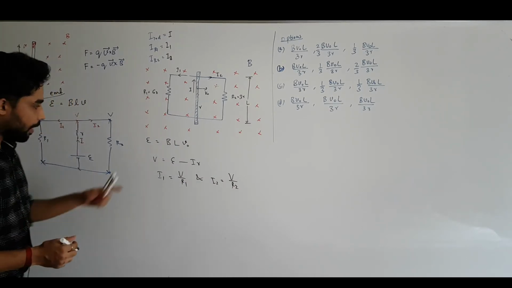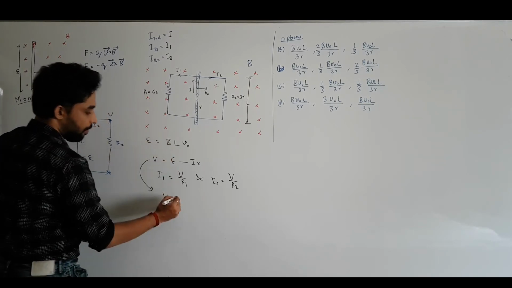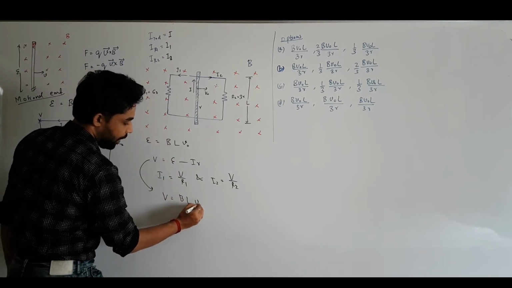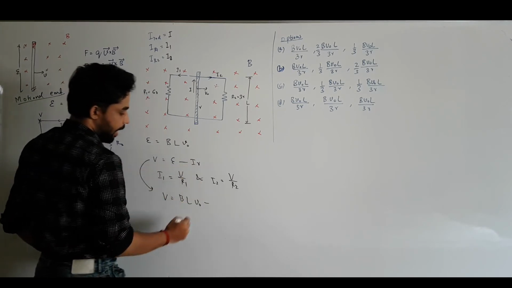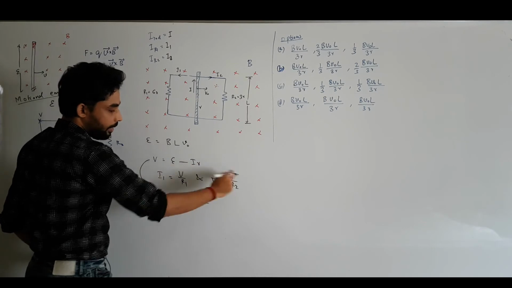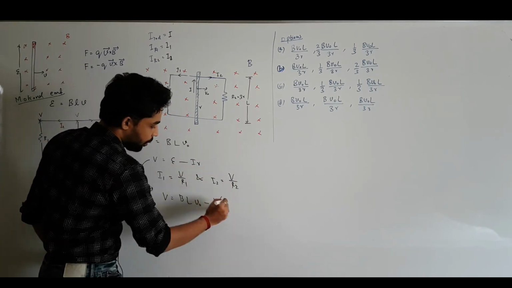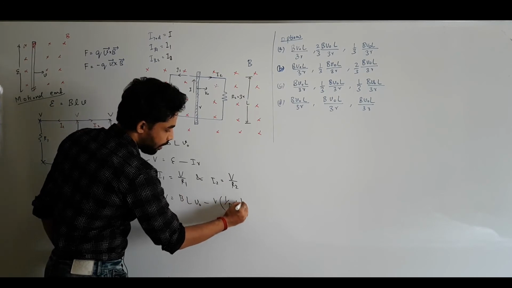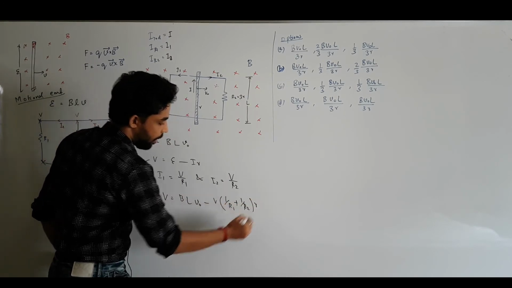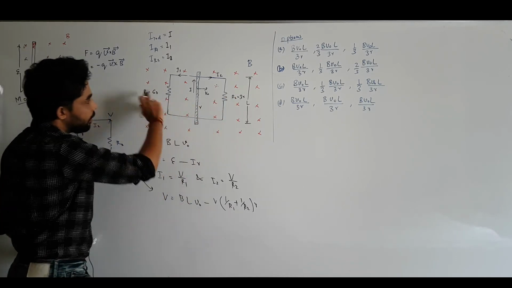Now I can simplify this expression. V is equal to the EMF induced, BL V naught, minus I, which I can write as I1 plus I2, and instead of I1 and I2 I can substitute this and take V common, so I'll get 1 by R1 plus 1 by R2, into R. I know the values of R1 and R2 as 6R and 3R.